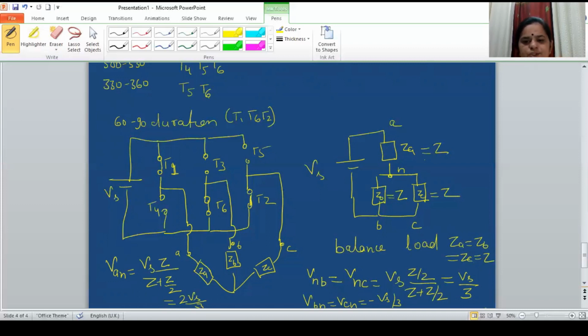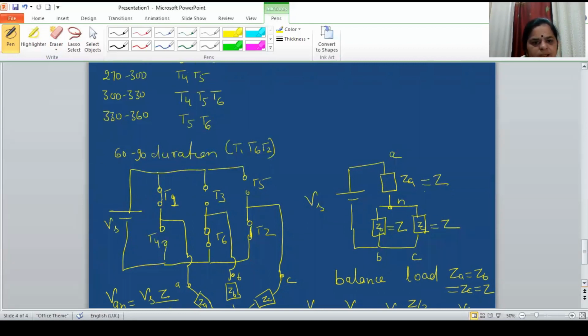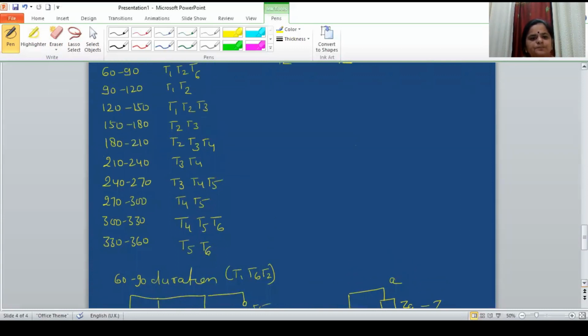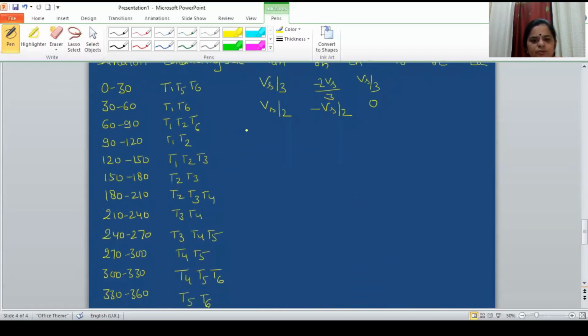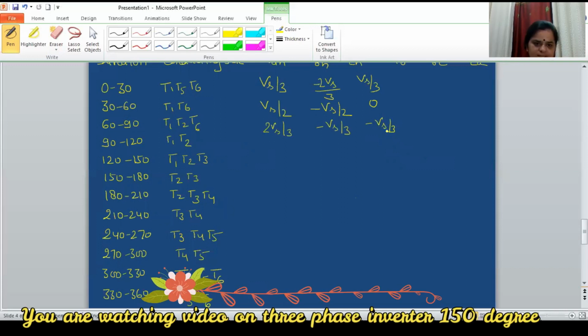So VAN is 2 Vs by 3 and VBN, VCN is minus Vs by 3. So let us write this into the table. VAN is 2 Vs by 3, and VBN and VCN are minus Vs by 3 and minus Vs by 3. So this is how we get it for 60 to 90.